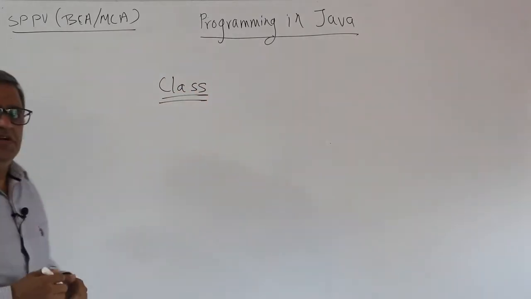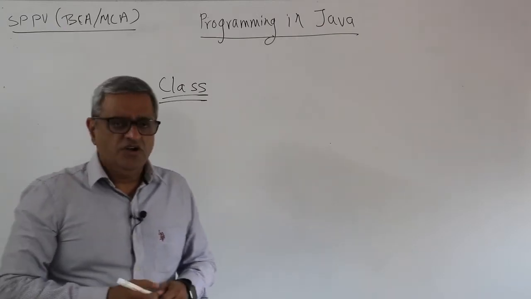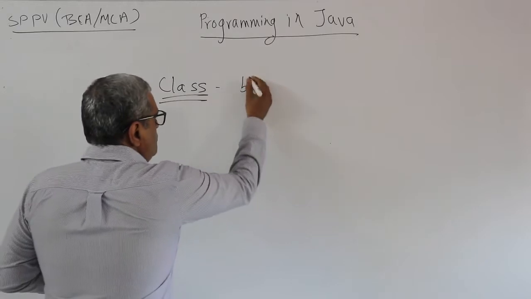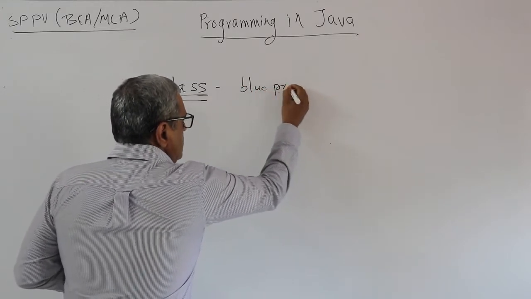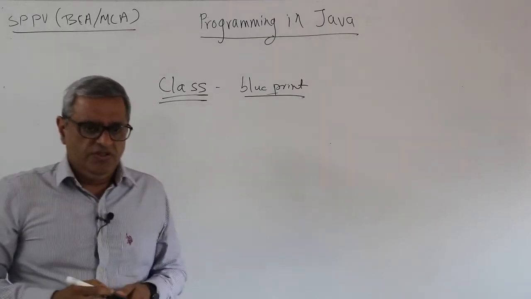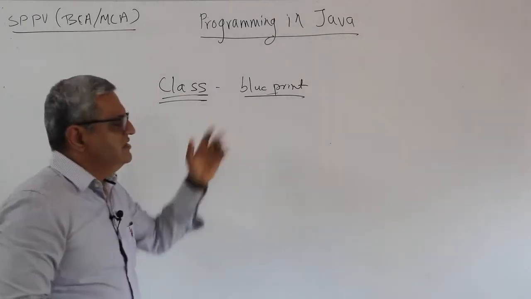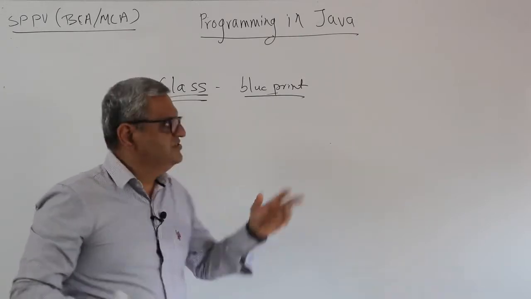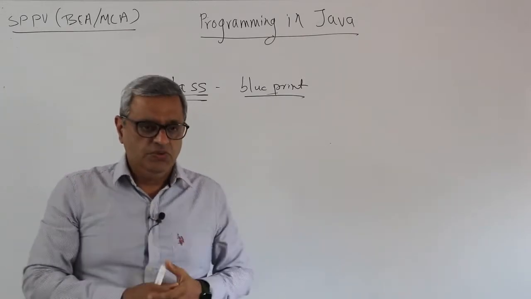Typically a class is nothing but a blueprint. This is the typical word that's used. So when you say a class is a blueprint, what does this word really remind you of?